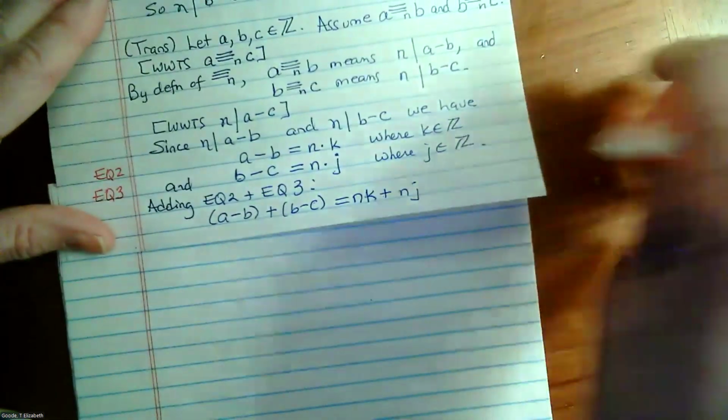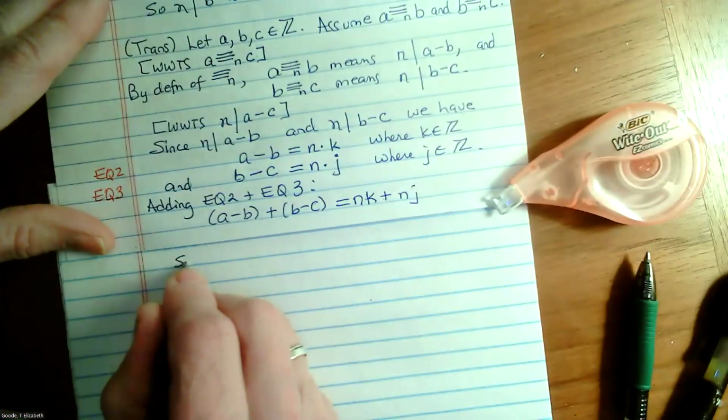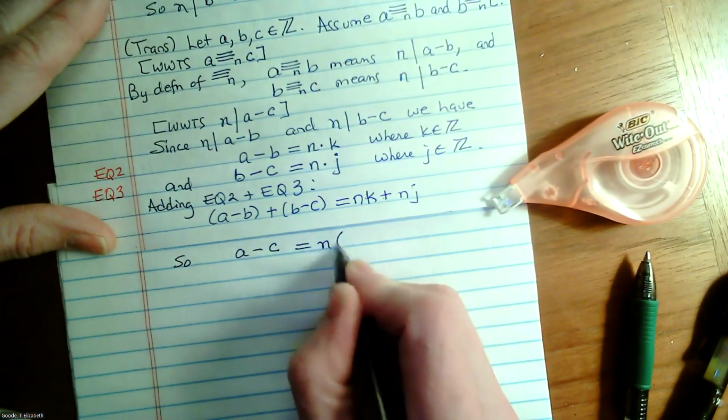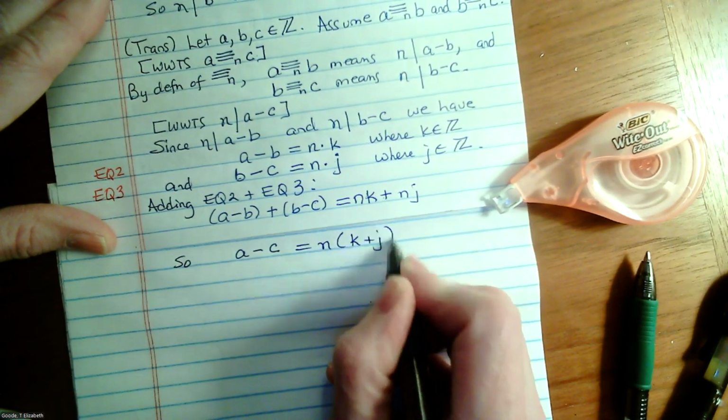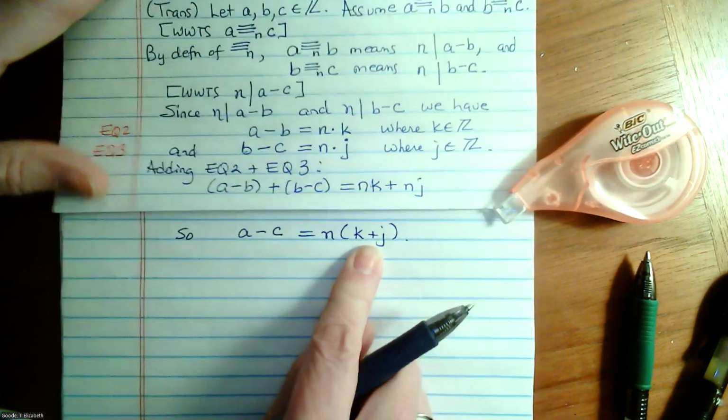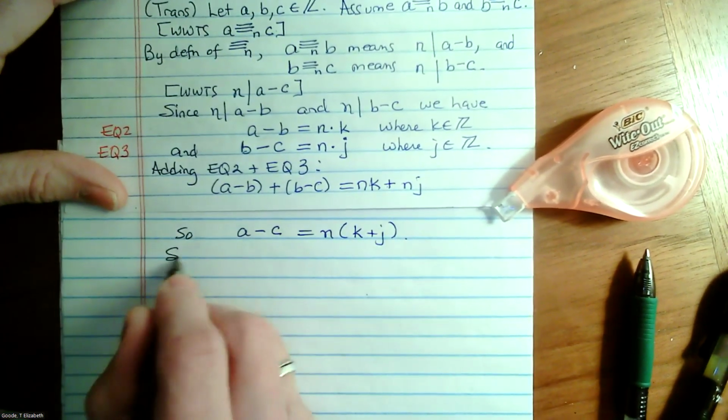And then we get A minus C equals, and you can factor the N out on the right side. And we know that K and J are integers, so K plus J is an integer.